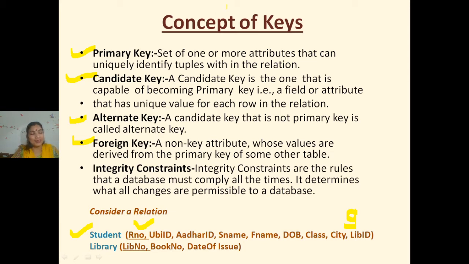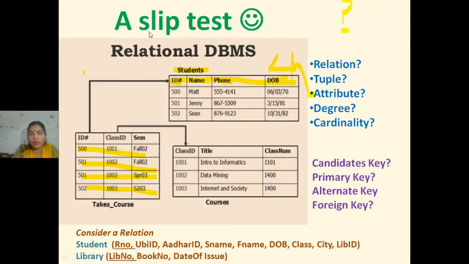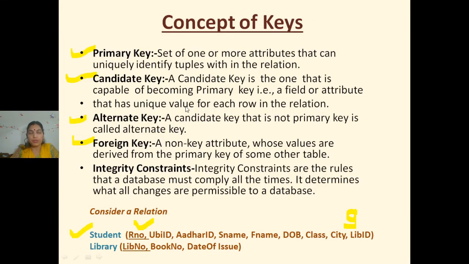But sometimes one single attribute is not able to identify the record uniquely. In that case, this term comes: the set of one or more attributes.